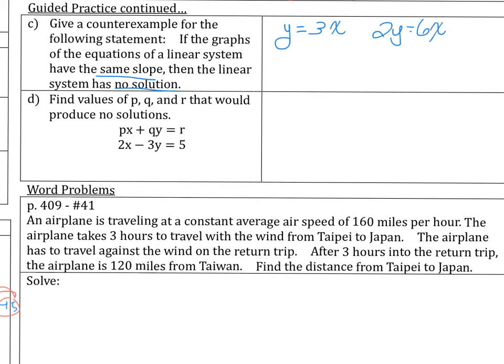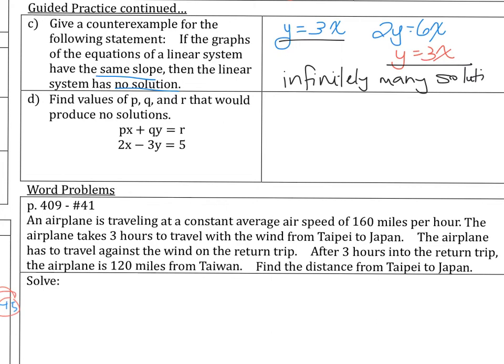And this second equation would just equal y equals 3x. So this system of linear equations would have infinitely many solutions. It's also because they have the same y-intercept as well.